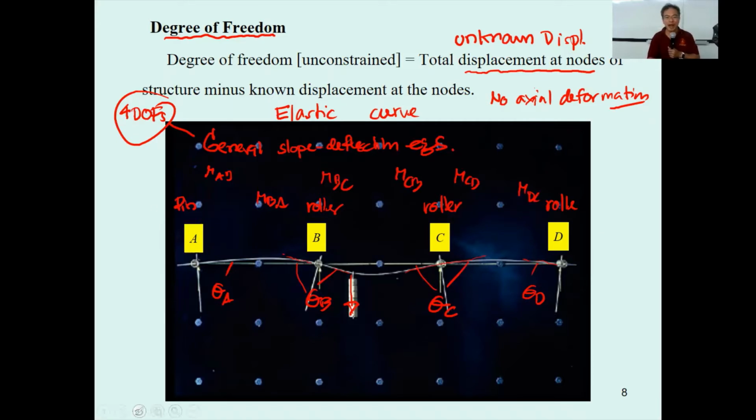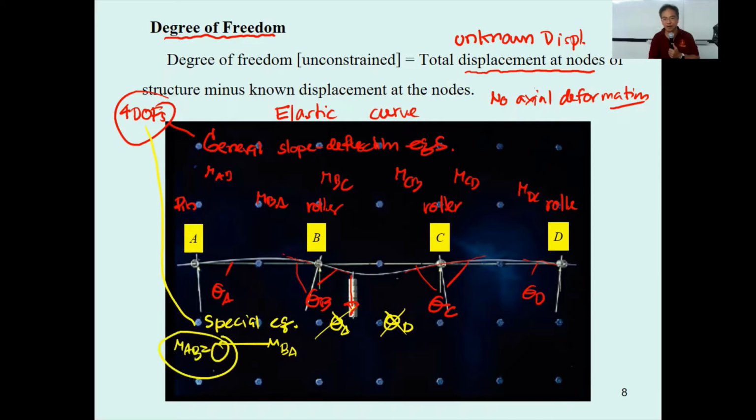But you also have the special equation. Again, for the special equation, if you don't want to find theta sub A and theta sub D, based on the special equation I mentioned previously, you will find M sub BA, since M sub AB is equal to 0, and you find M sub BC, M sub CB, M sub CD, M sub DC is 0.